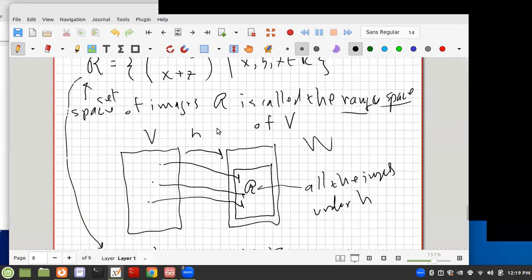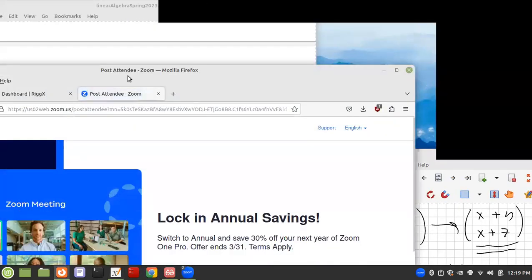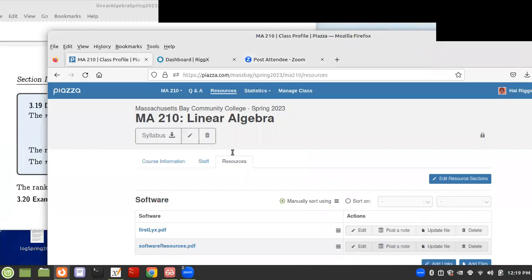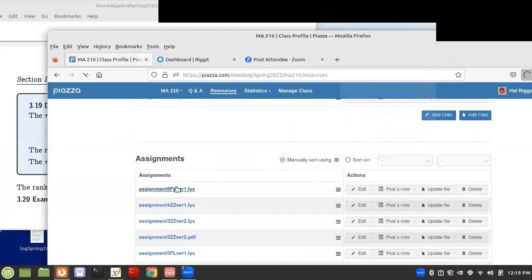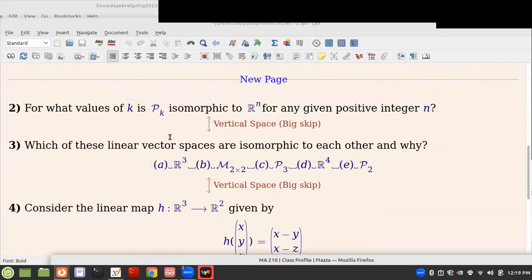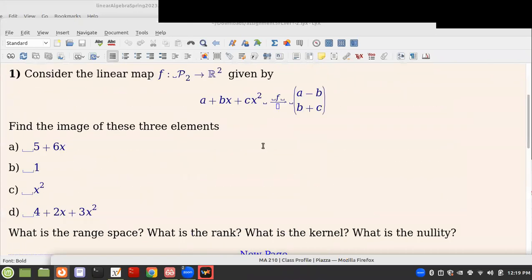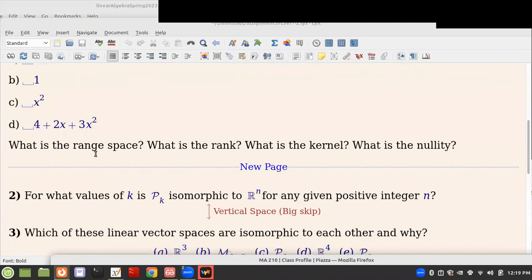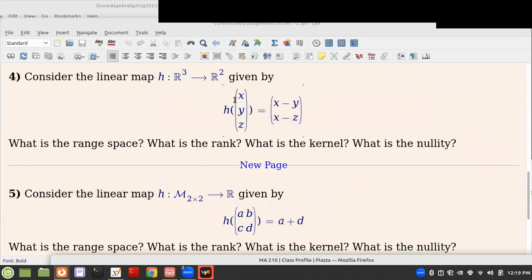Let's go straight to the assignment and show you a concrete task for you to do. In assignment 5, here's a map from one vector space to another. It asks, what's the range space? What's the rank? Here's one from R3 to R2. What's the range space?